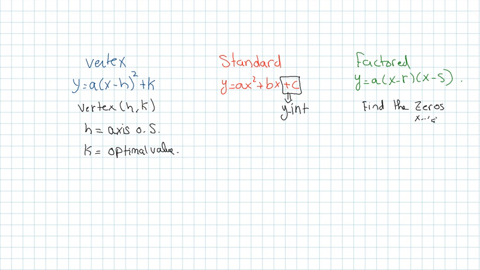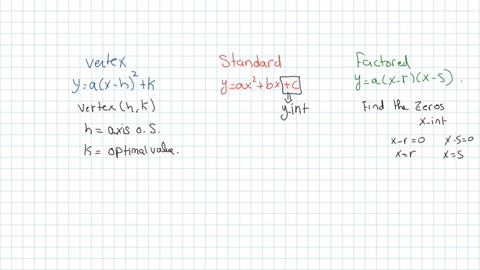When the question is asking you to solve, you're solving for the x-intercept, right? And then you can find it by setting both brackets to 0, right? So you set x minus r equals 0, so x equals r. And then you set x minus s equals 0, and x equals s. Are we okay with that? We understand that part? Yes.